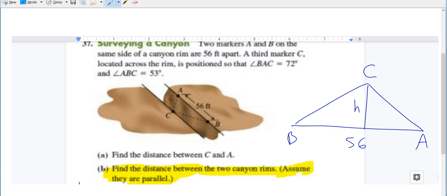It is positioned so that BAC is 72, and ABC is 53. So how do we want to find that value, the H? According to this, that would be what I'm looking for. The height of this triangle is the distance between the canyon rims.